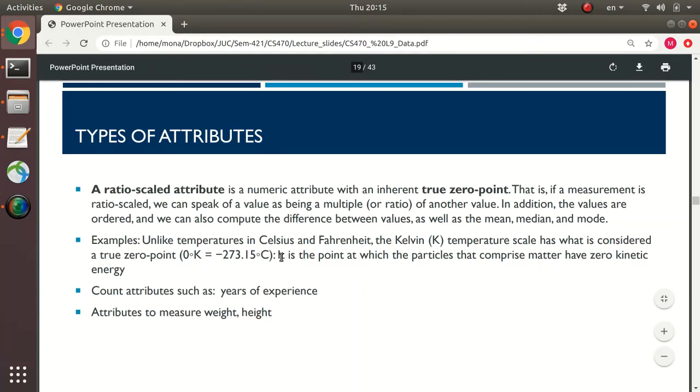For that reason, we can represent the Kelvin temperature as a ratio. Also, examples of such attributes are attributes that have counts, for example, years of experience, weight, height, and so on.